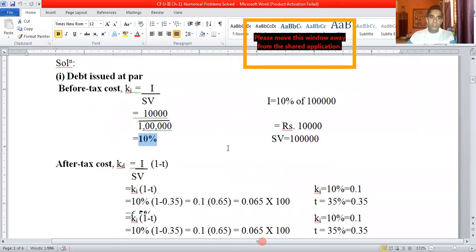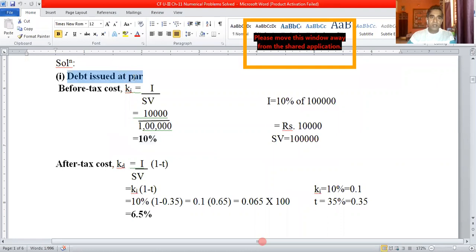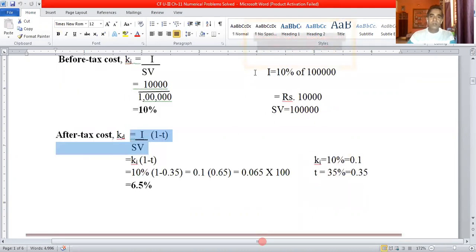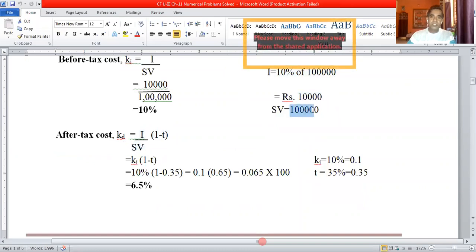Now, in the same situation, when the debt is issued at par, we have to calculate the after-tax cost of debt. KD is equal to I divided by SV into 1 minus T. Again, I is 10% of 1 lakh, which is 10,000 rupees, and SV, the net sale proceeds of the debt, is 1 lakh rupees.